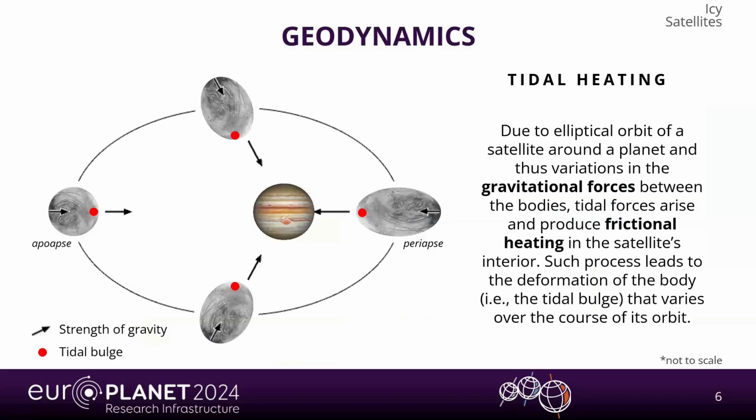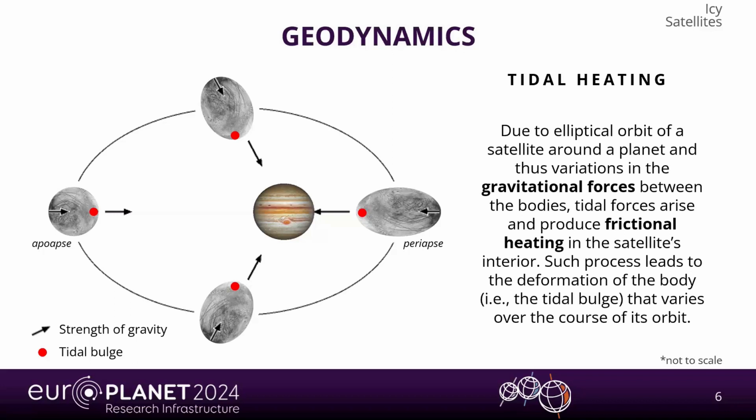So the main process that affects most of the icy satellites, and mostly the smallest icy satellites, such as, for instance, Europa and Enceladus, is tidal heating. Tidal heating is produced by gravitational forces between the satellite and the parent planet, which in the case of the Galilean moons is Jupiter.